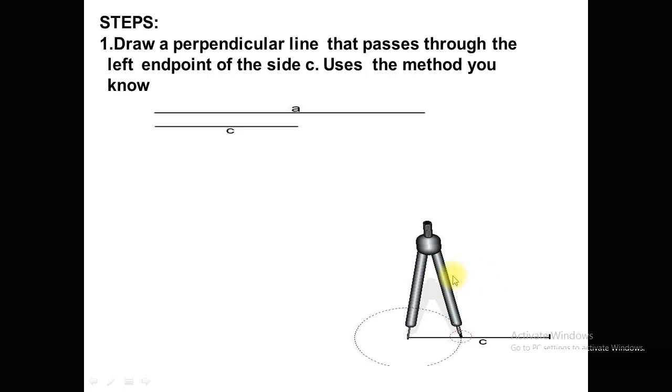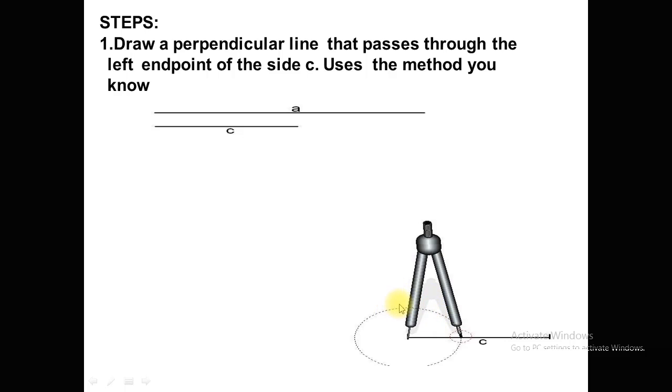So if you want to construct the perpendicular line at this endpoint, it means constructing a 90 degree angle at this point C. For the construction of angles, we have already discussed in the previous lecture how to construct 30 degree, 60 degree, 45 degree angles, and so on.